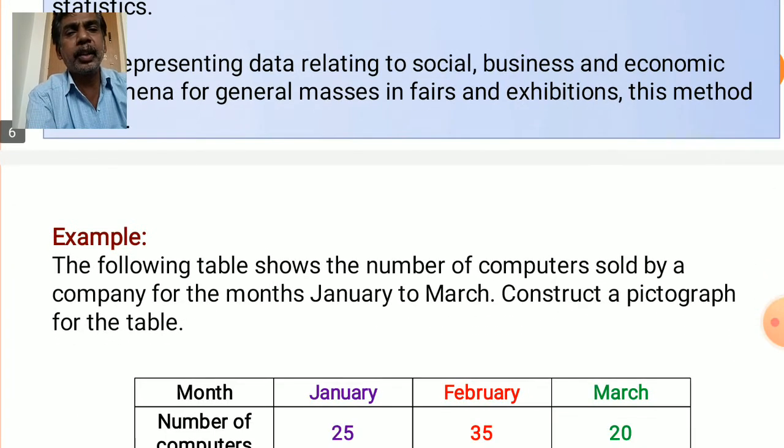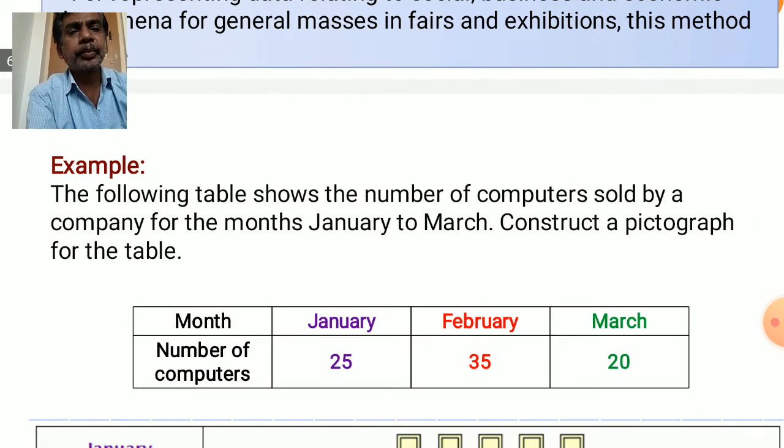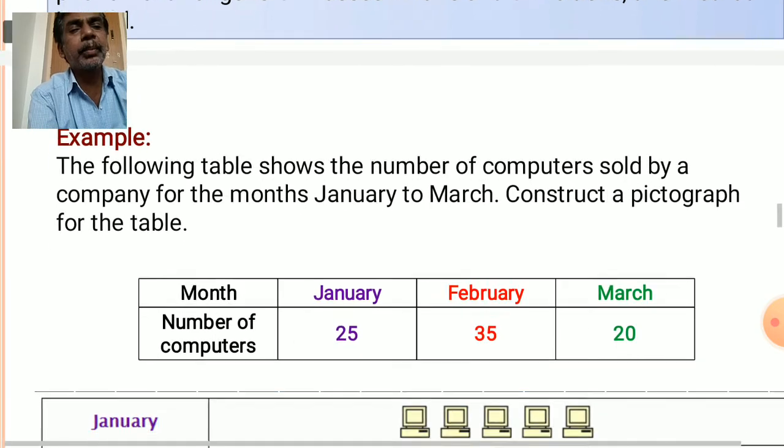So for example, consider the following data. The following table shows the number of computers sold by a company for the months January to March. From this illustration we have to construct a pictograph for the table, for understanding purposes.